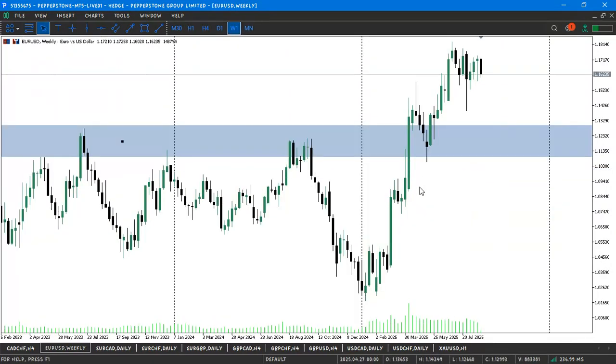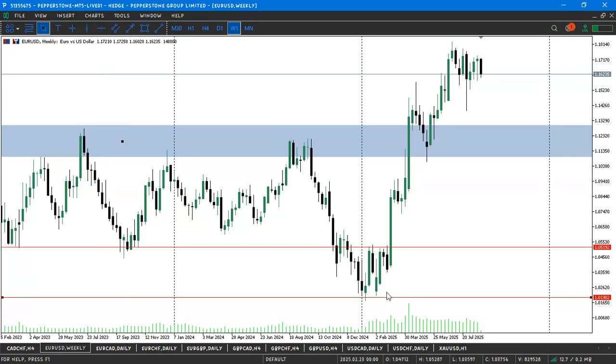Now looking at the weekly, we can see that the market, after the formation of this double bottom pattern here, continued with a series of higher highs and higher lows. As we can see from this point, there is this low and this high.